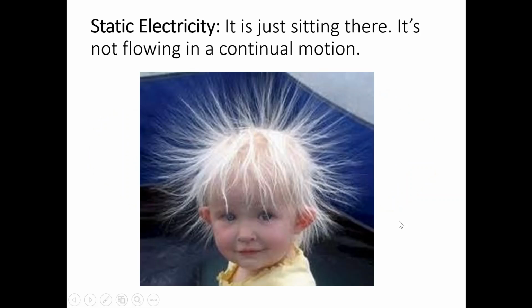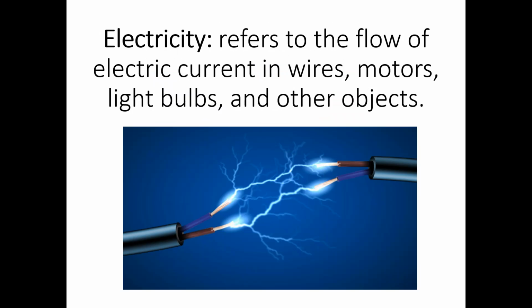Okay. So static electricity, it is just sitting there. It's not flowing in a continual motion. Electricity refers to the flow of electric current in wires, motors, light bulbs, and other objects.